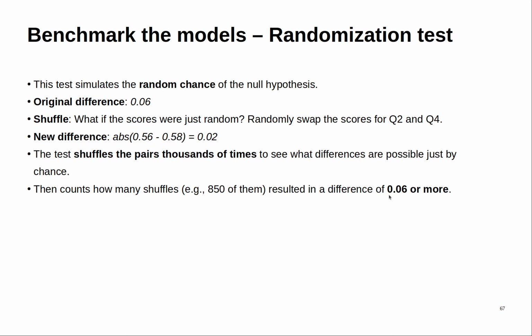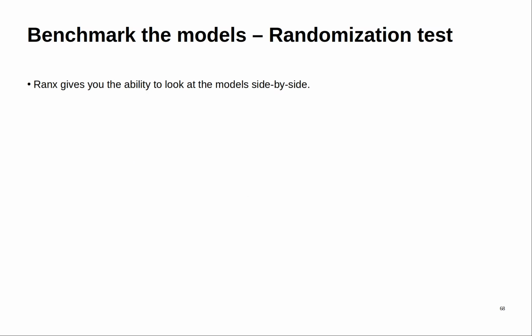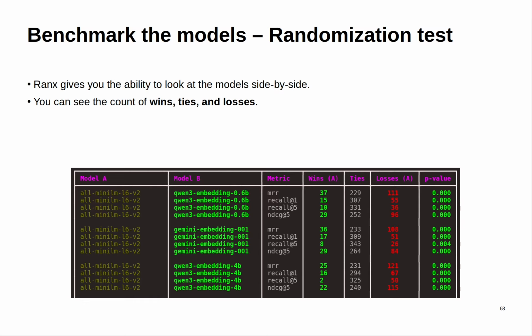Let's consider that we got 850 out of 10,000. To get the p-value, we calculate those differences that are higher than the original one, and we divide that by the number of shuffles that we performed. Something that Ranx provides is the ability to see the wins, ties, and losses.